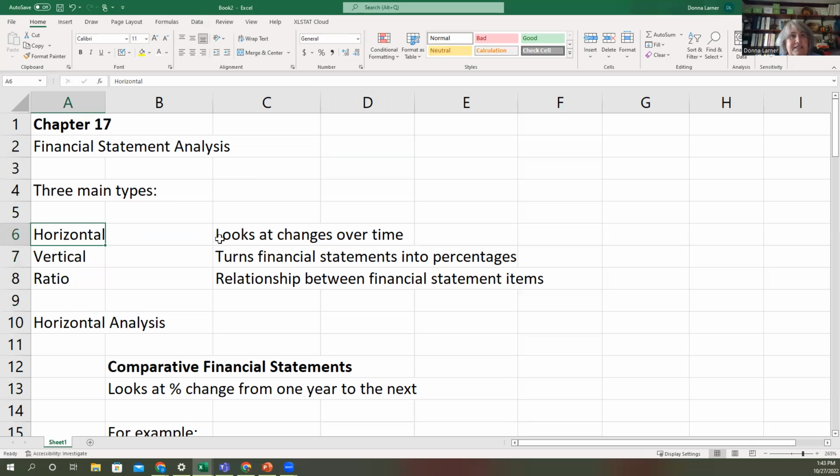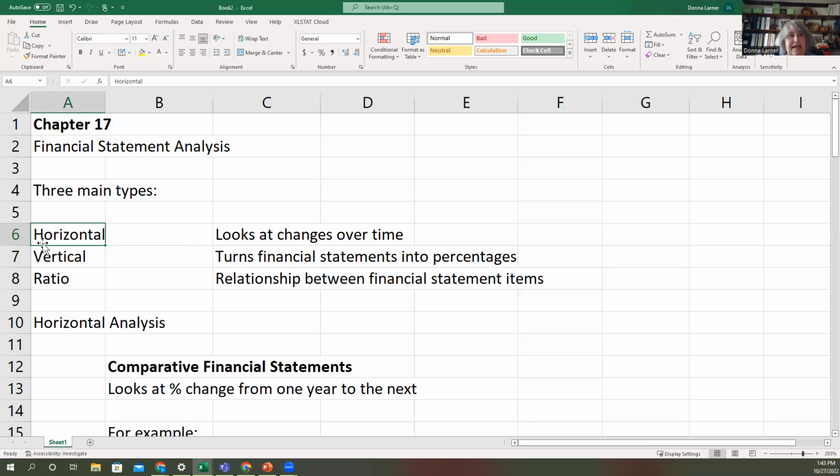Horizontal is looking at the company itself over time, taking a particular item off the financial statements and watching how it tracks over time. For example, how were sales last year? How are they this year? Are they getting better, more, larger amount of sales this year than last year? Or are they trending downward?